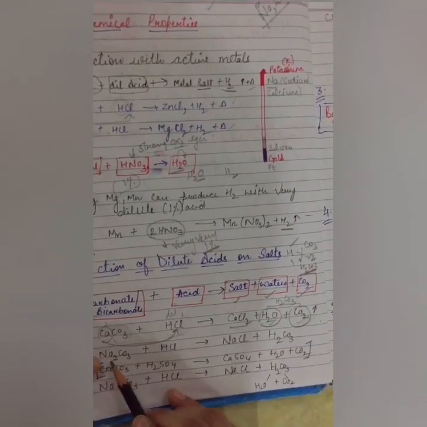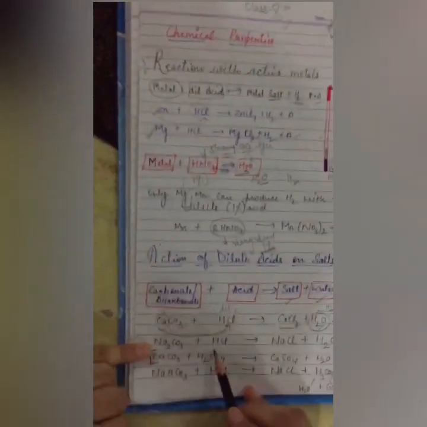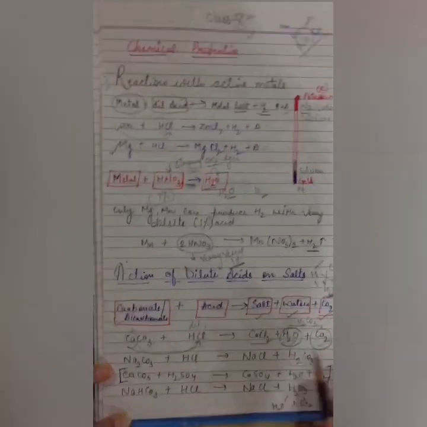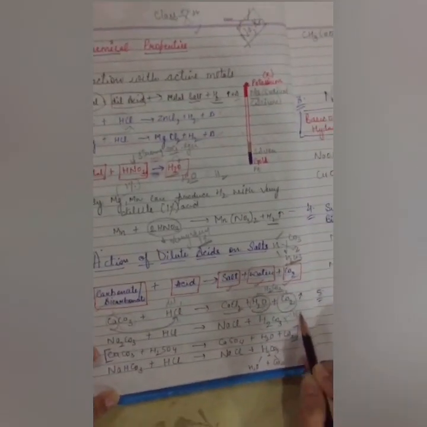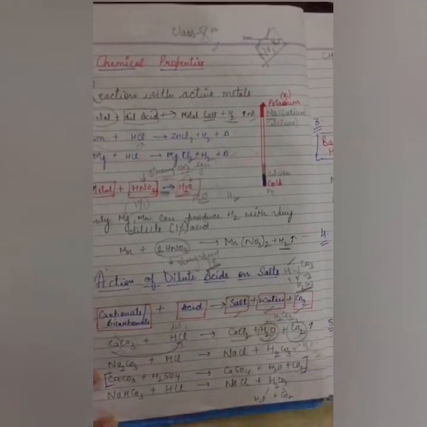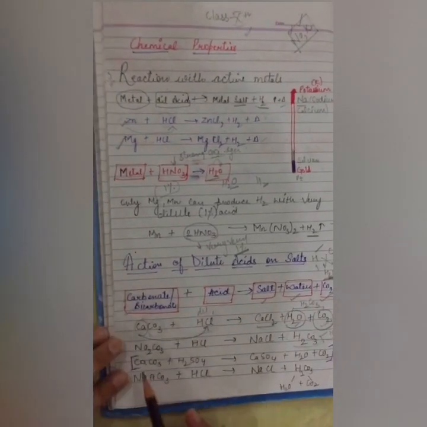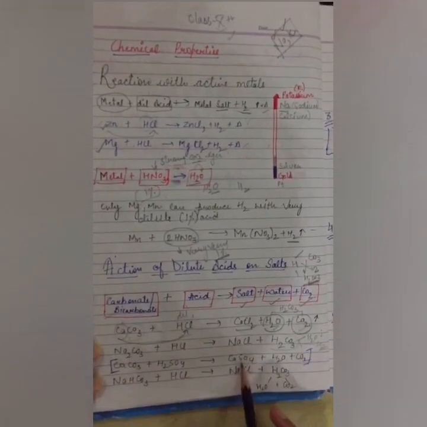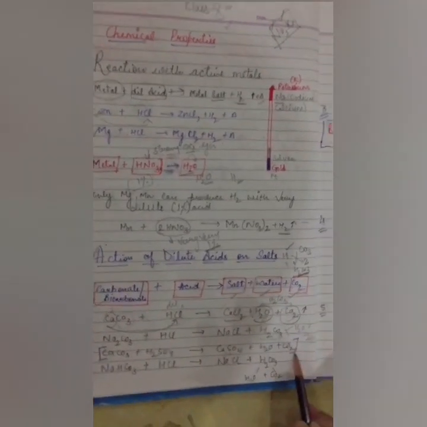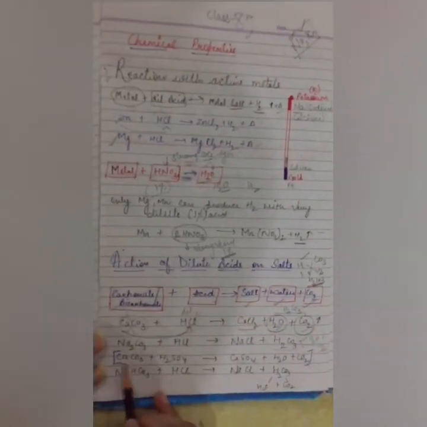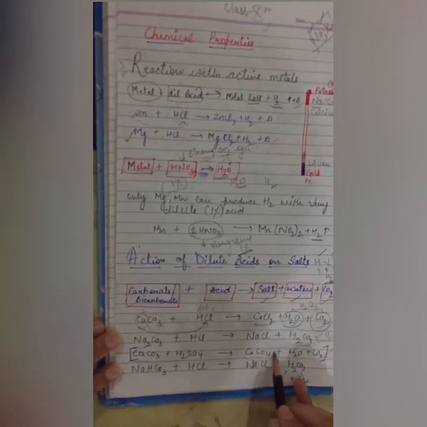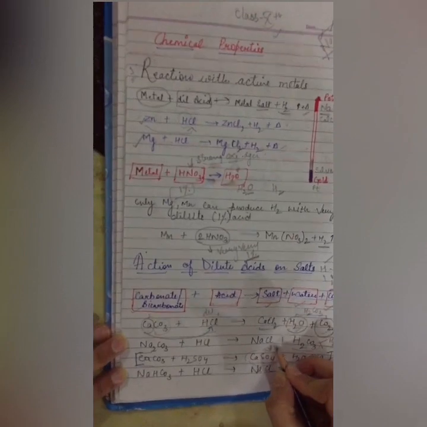Similarly, take sodium carbonate, Na2CO3, plus HCl gives NaCl plus H2CO3, or H2O plus CO2. We will write it like this. See, CaCO3 plus H2SO4 similarly will give CaSO4 plus H2O plus CO2. But students, although this equation is right, the calcium sulfate that is formed is insoluble.